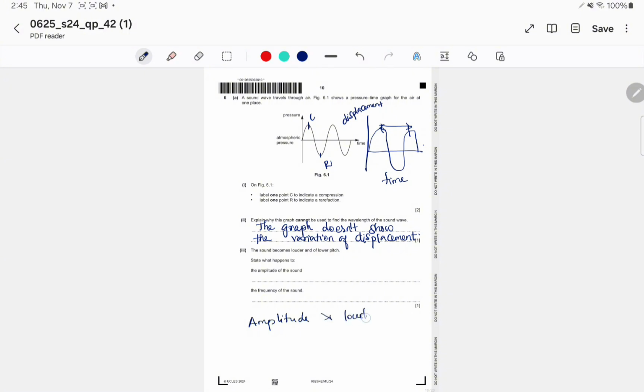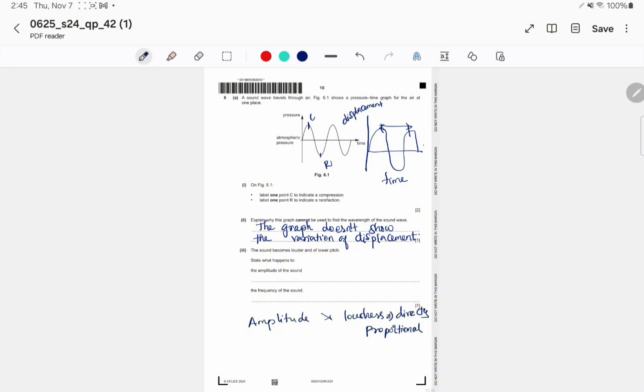Loudness of the sound is directly proportional to the square of the amplitude.